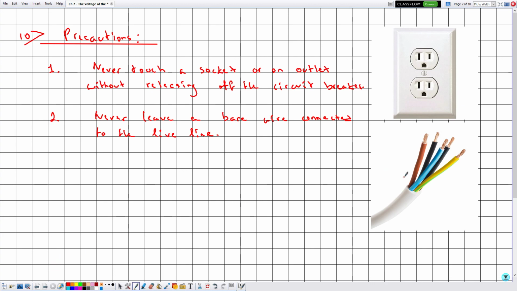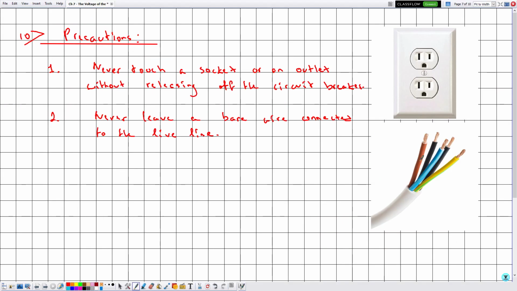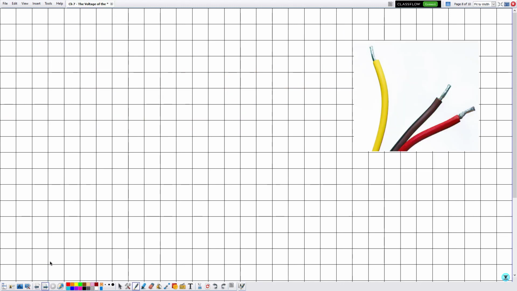Now in order to distinguish also between these wires from the colors, so usually there is a conventional color for these wires, and let me write section number 11. Conventional colors of connecting wires.